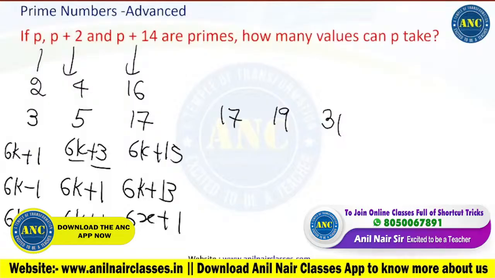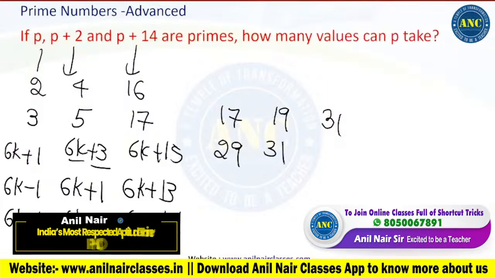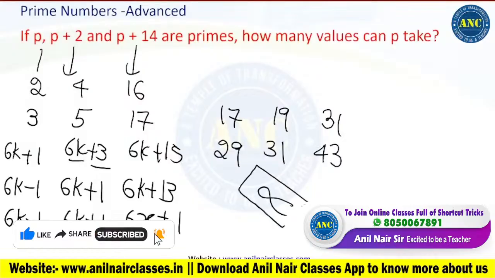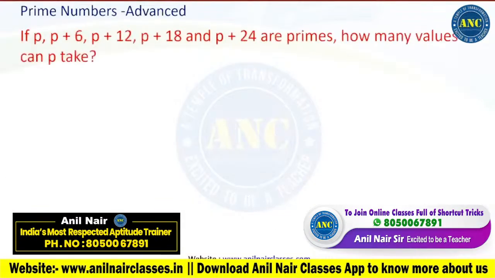Let me take 29, which is 6 times 5 minus 1. 29 plus 2 is 31, 29 plus 14 is 43. 29, 31, 43. Like that, there exist so many two-digit numbers which satisfy this question. Two digits it satisfies, three digits it satisfies, and so on. It is infinite.